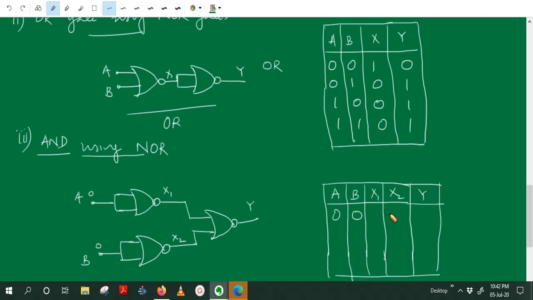In that case x1 is 1, x2 also 1, because it is a NOT gate, actually a NOT gate using a NOR gate. And when both are 1 1, then for a NOR gate we should get 0 here.